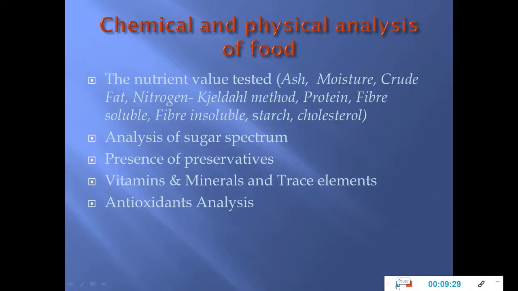These can all be analyzed, and you can use different techniques. Sometimes you might use spectrophotometric techniques, sometimes HPLC techniques, sometimes GCMS techniques, or you might use LCMS technique. It depends upon what you have to analyze in the food. Depending upon what chemical you have to analyze, the technique which you use for the analysis of that in the food would also be varying.